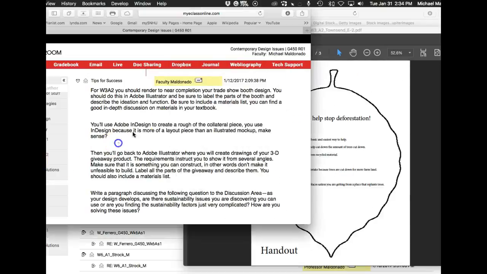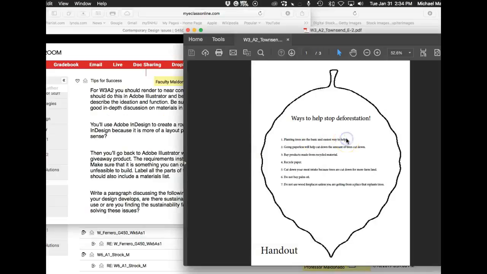Okay? So then moving forward, you use Adobe Illustrator to create a rough of the collateral piece. And let's look at your collateral piece. That's the handout, the informational collateral. Okay, and what you have here is a leaf with 7 sentences on it. That's not informational collateral.